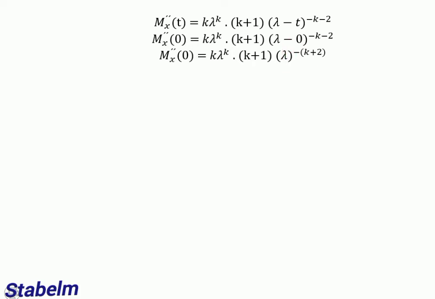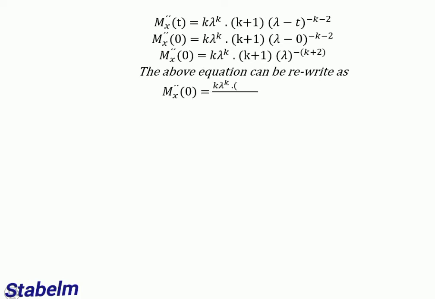So there is something we can do here now, and what is that? The above equation can be written this way: equals k lambda raised to power k multiplied by k plus 1. Then we'll bring this down now, and the sign changes to positive, so we have lambda into bracket k plus 2.